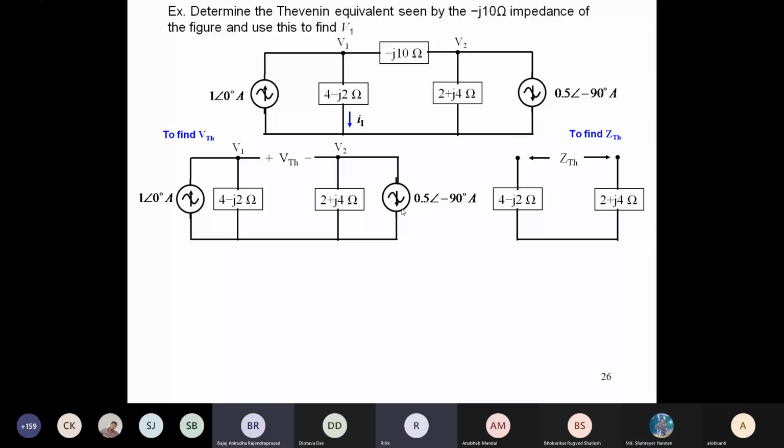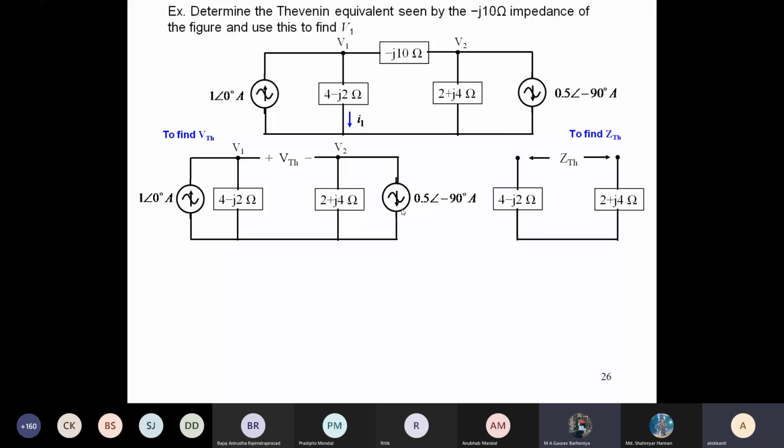And V2 equal to 2 minus J. VTH equals 2 minus J. So VTH is 6 minus 3J.